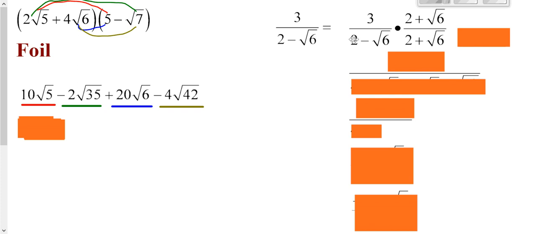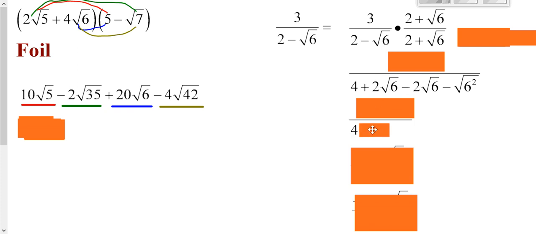So now all I'd have to do is FOIL the bottom, multiply my first terms, my outer terms, 2 times root 6, my inner terms, a negative 2 root 6. My last terms, a positive times a negative is a negative, or root 6 times a root 6 would be the square root of 6 squared. You'll notice my inner and outer terms here drop, so I just have a 4, and then this would just be a minus 6 here at the end.